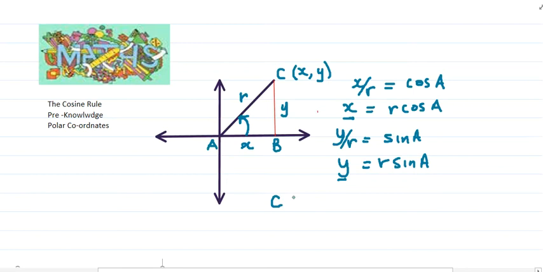So point C is referenced as R cos A and R sine A.